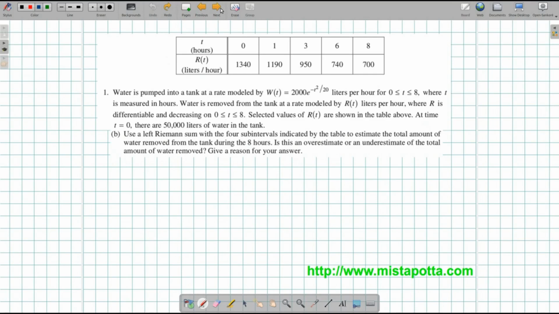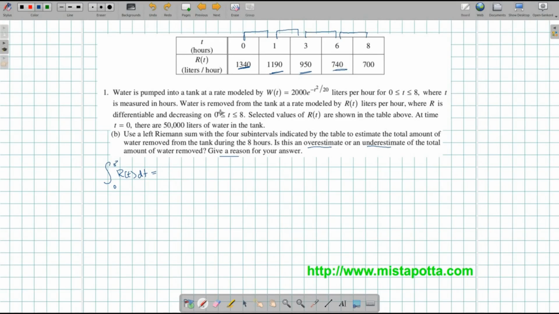For part B, it says use a left Riemann sum with the 4 subintervals indicated by the table to estimate the total amount of water removed in the tank during the 8 hours. And then the question is, is this an overestimate or an underestimate of the total amount removed, and to give a reason. So if I'm going to do an integral from 0 to 8 of r of t dt, I can use a Riemann sum to approximate this, and I'm using a left Riemann sum, which means I'm going to be using this endpoint on the domain from 0 to 1, this endpoint from 1 to 3, this endpoint from 3 to 6, and this endpoint from 6 to 8.